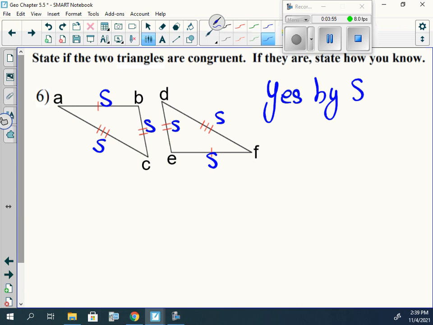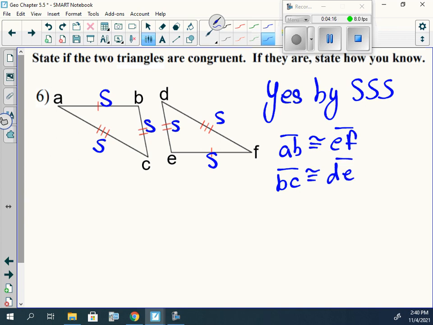By side, side. And we know that B is congruent to. Then we also have that BC is congruent to DE.